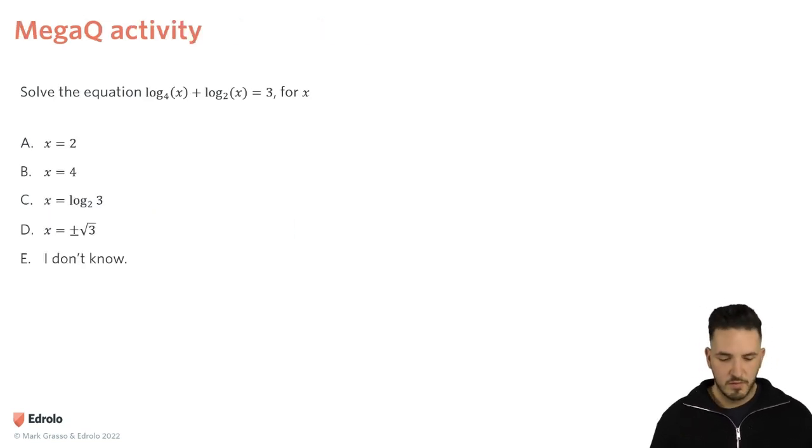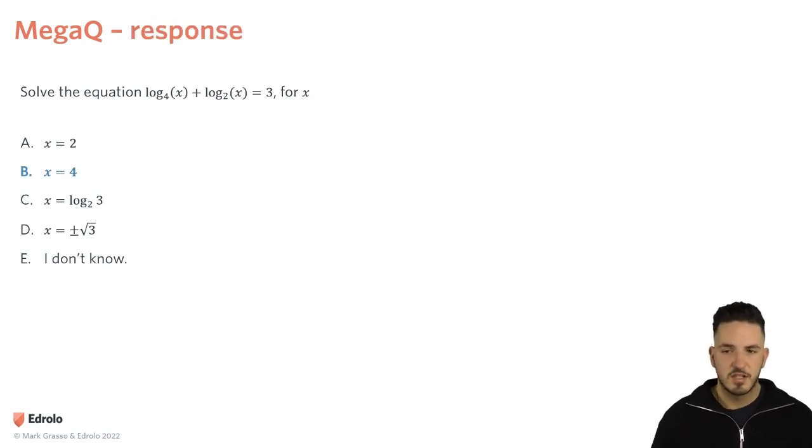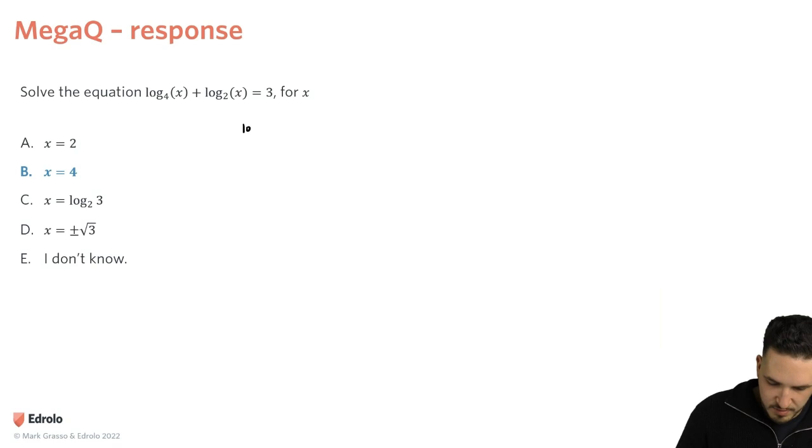Solve the equation log base 4 of x plus log base 2 of x equals 3 for x. This particular question was rather challenging because you had different bases. So you may have had to use a change of base formula. That's how we're going to go about it in the explanation. So let's convert both of these: log 10 of x divided by log 10 of 4.